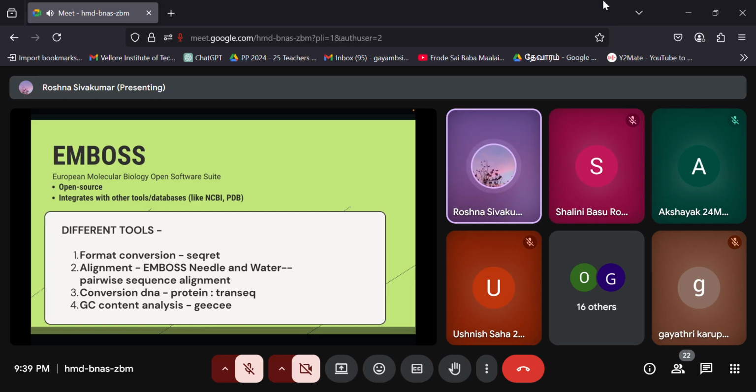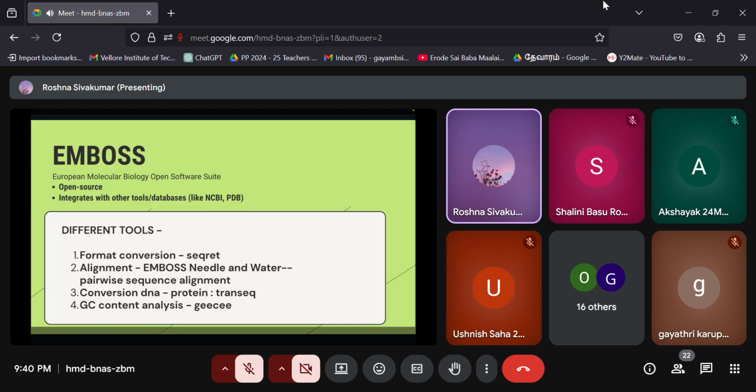So what we will be trying to do is learn what a specific tool is for and how we can use it, because understanding how the whole network works will be hard. So just remember that EMBOSS is a huge server, and it's software, and it has a lot of tools.